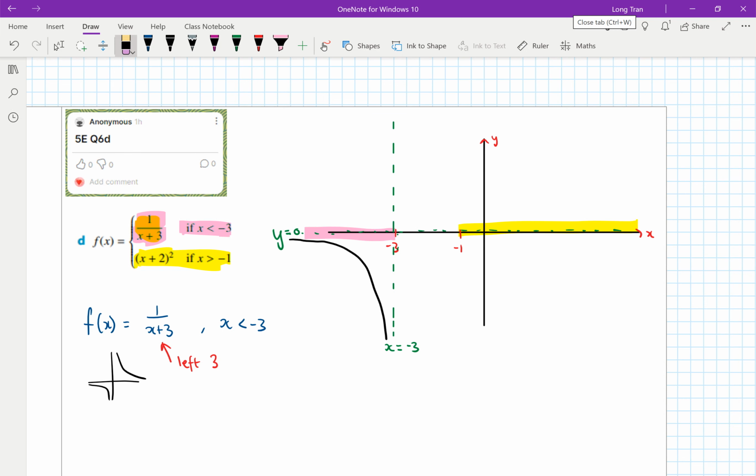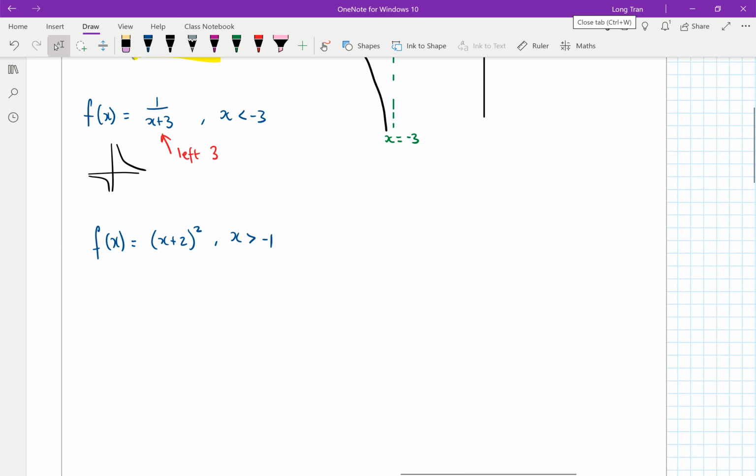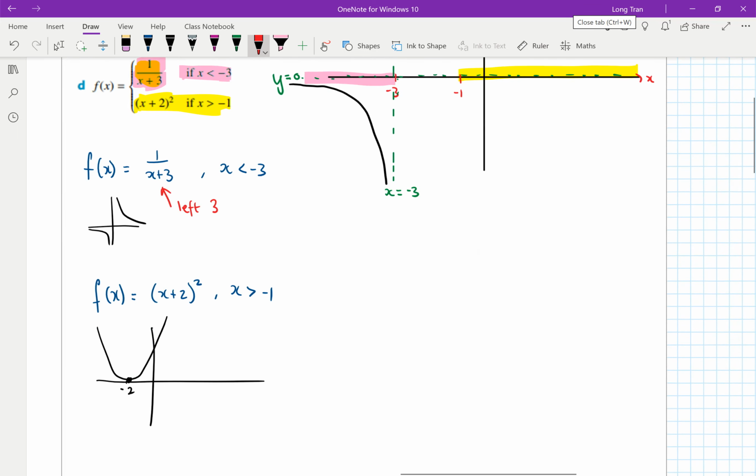The second component is a parabola where the graph shifts to the left by 2. So this is now f of x equals x plus 2 squared, where x is greater than -1. It should be something like that, moving left by 2. But remember the domain I'm working with is x greater than -1.